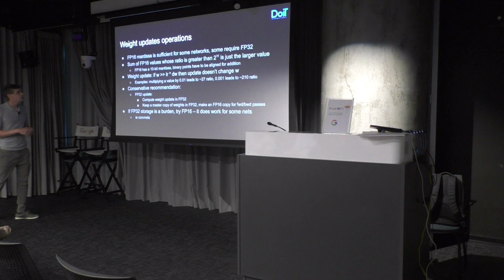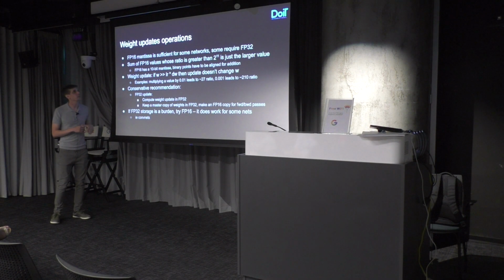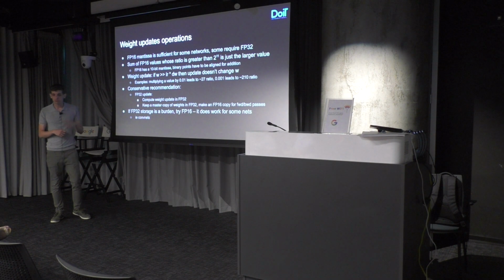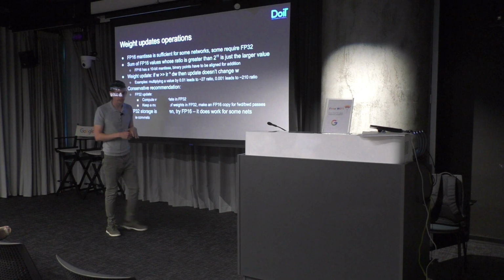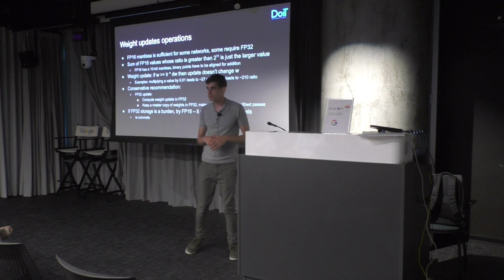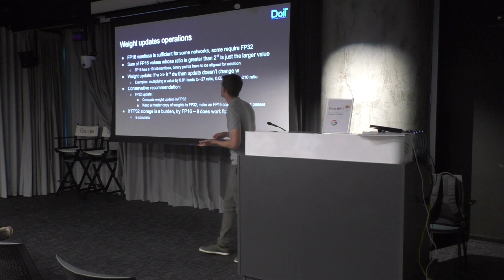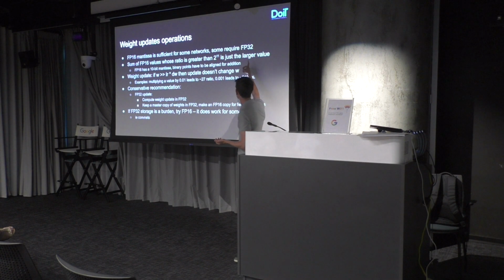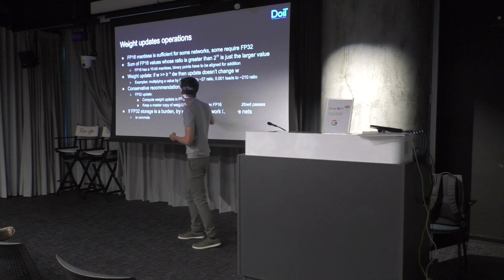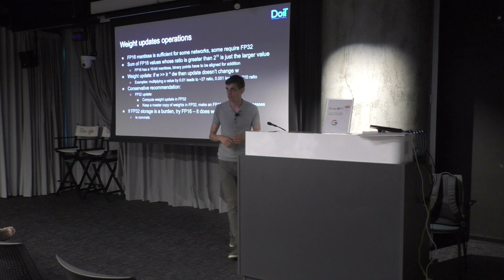For the most part, floating point 16 was substantially enough to represent all of the weights. Some networks required representing the weights in floating point 32. So just to be on the safe side, we would keep the weights as floating point 32.